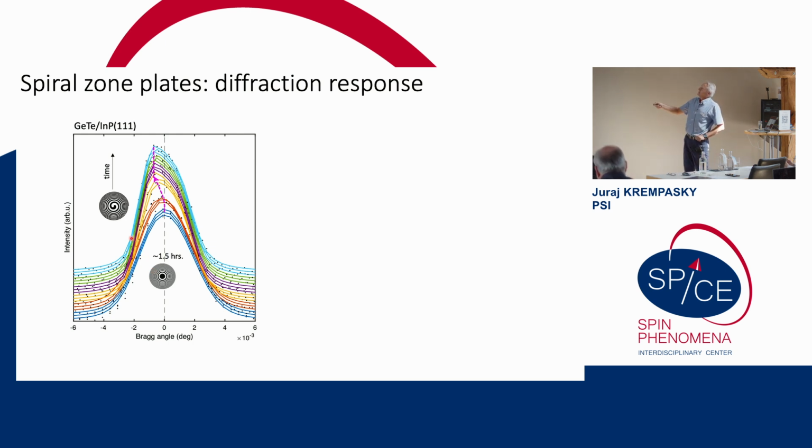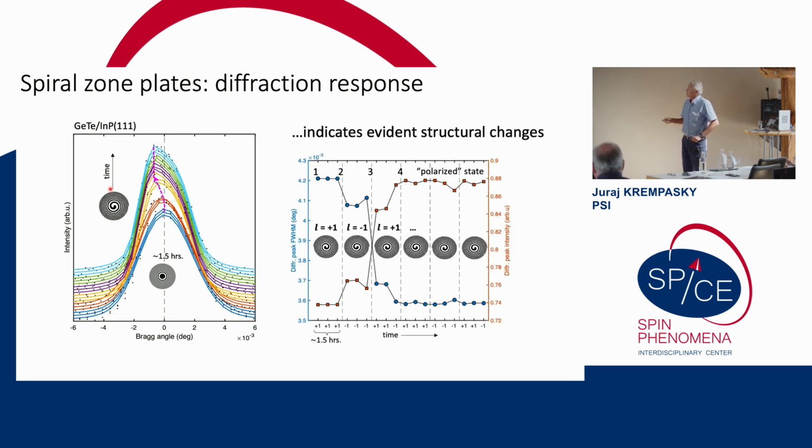And then, after these 1.5 hours, let me shine light with a spiral zone plate, and you can see here something starts to happen. It's quite dramatic, because if we plot this series of simple Bragg scans in time, we see that the diffraction peak full width at half maximum is getting smaller, and the intensity goes up.